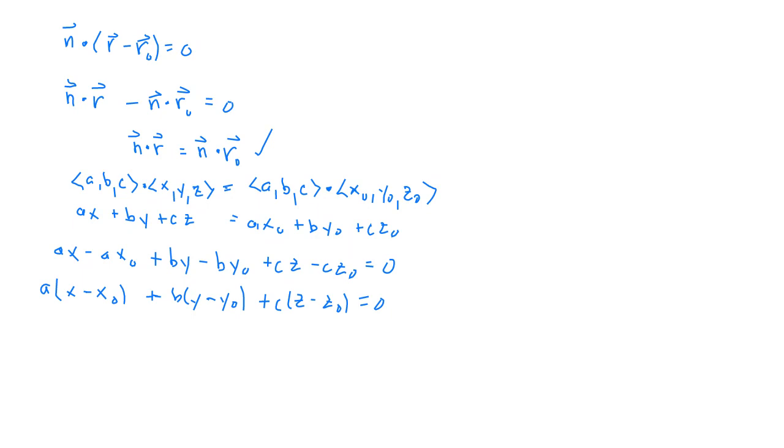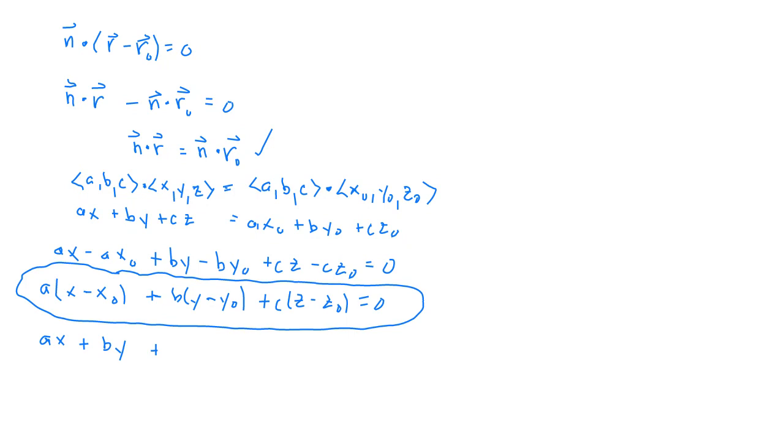Well, this here is the equation of a plane whose normal vector is given by A, B, C, those components, and the plane passes through the point x sub 0, y sub 0, z sub 0. But we could write this equation like this.